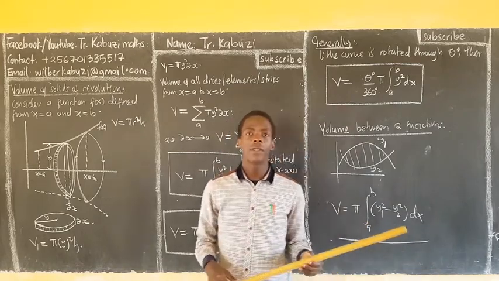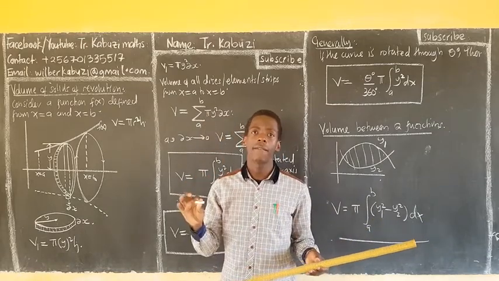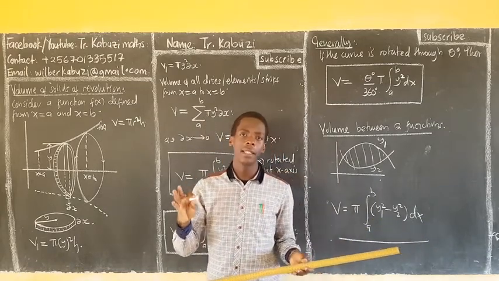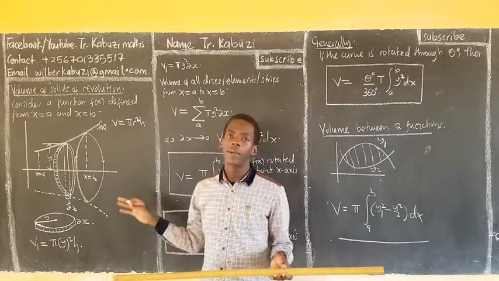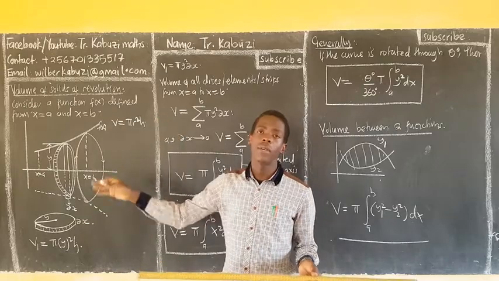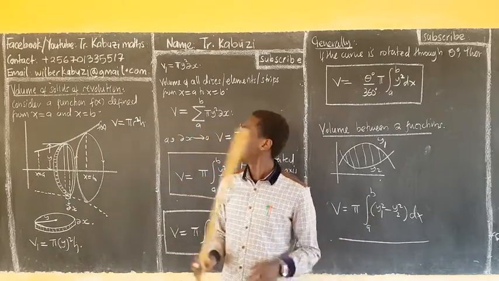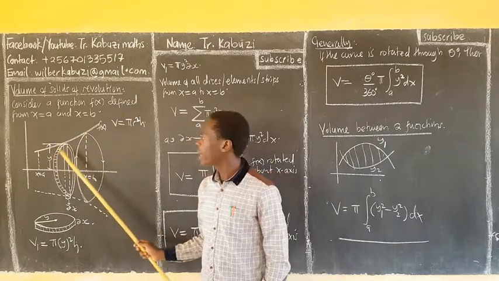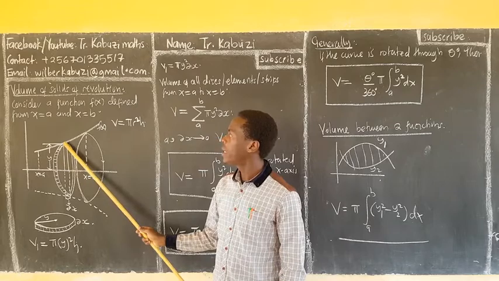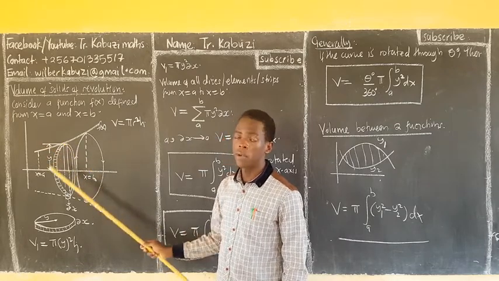Now, to get the volume for solids of revolution, we are going to consider a function or a curve f of x defined on the interval from a to b on the x-axis, on our Cartesian axes like this. To get the volume, I'll divide this region into small strips or small elements.